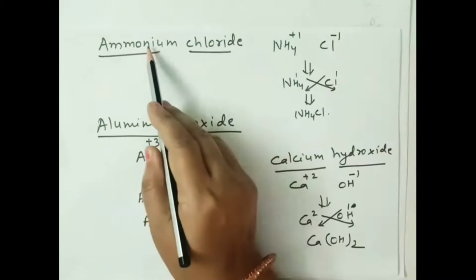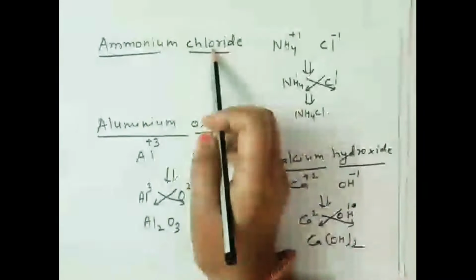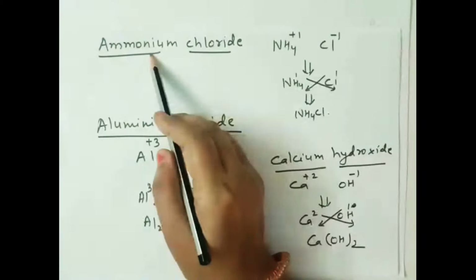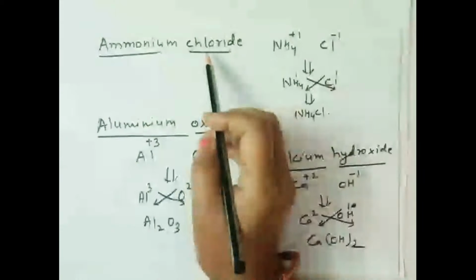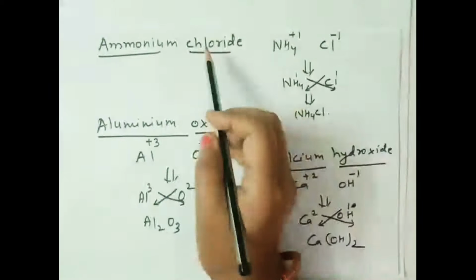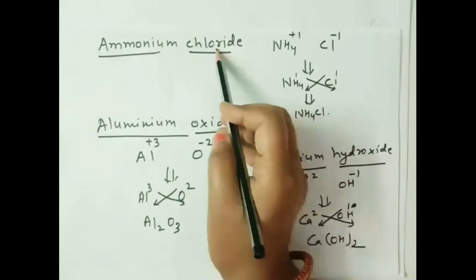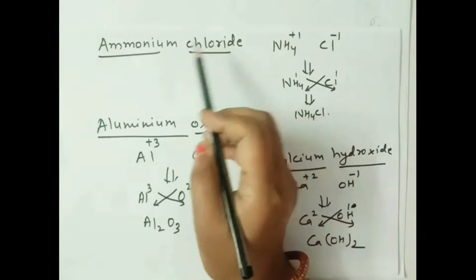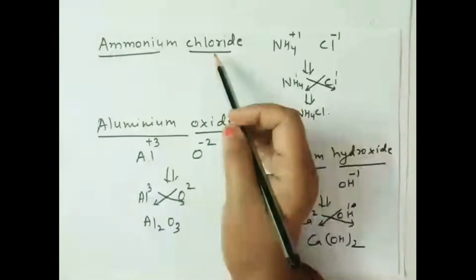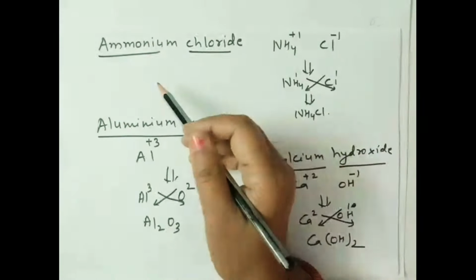Let us take ammonium chloride. Again here the name has two parts, ammonium and chloride. Ammonium is an electropositive radical and chloride is a negative radical, or you can say ammonium is a basic radical and chloride is an acidic radical. A basic radical is always positive, an acidic radical is always negative.